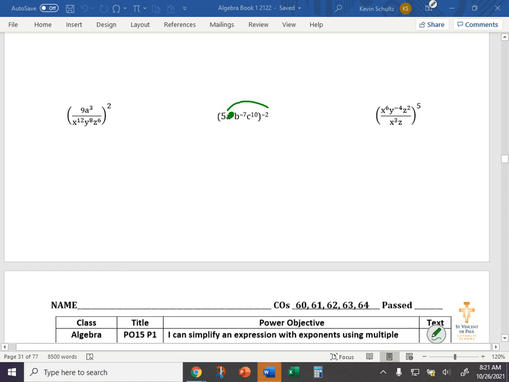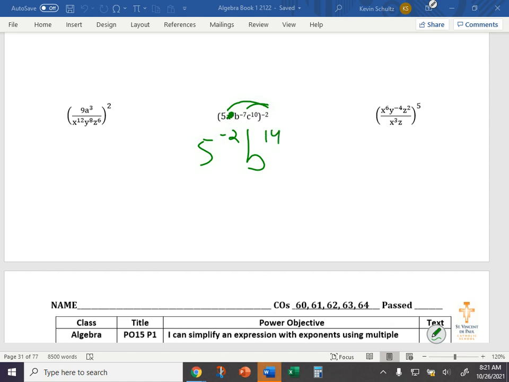That 5 will become 5 to the -2nd power. That b to the -7th, because like Alex said, a negative times a negative is a positive, is going to be b to the +14th, and it's actually going to stay right where it's at. The c, 10 times -2, is -20, and that's going to end up being moved as well.